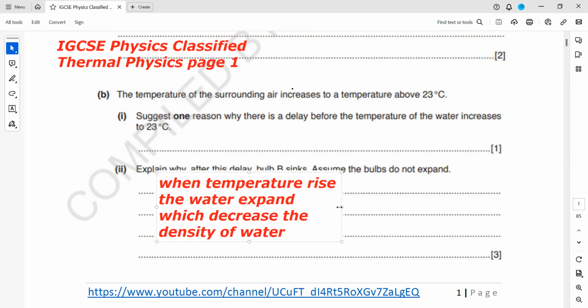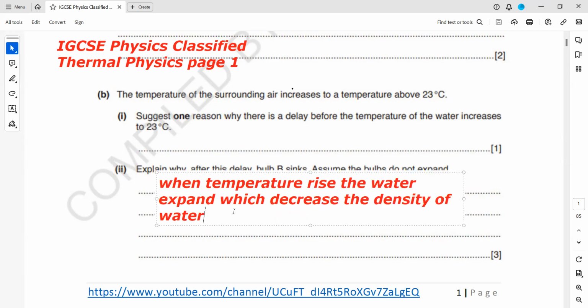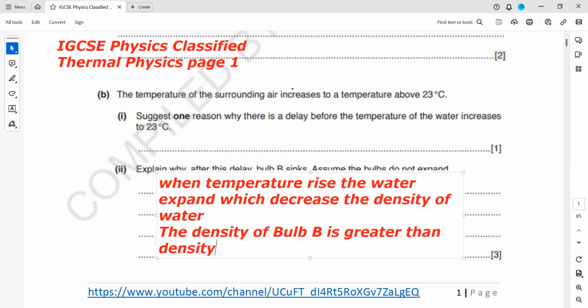As a result of the decrease in the density of the water, the density of bulb B is greater than the density of the water, so it will sink.